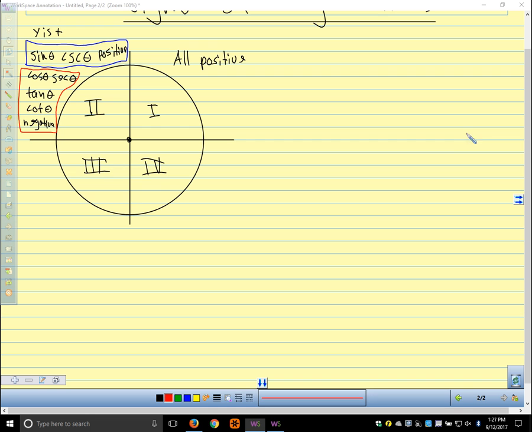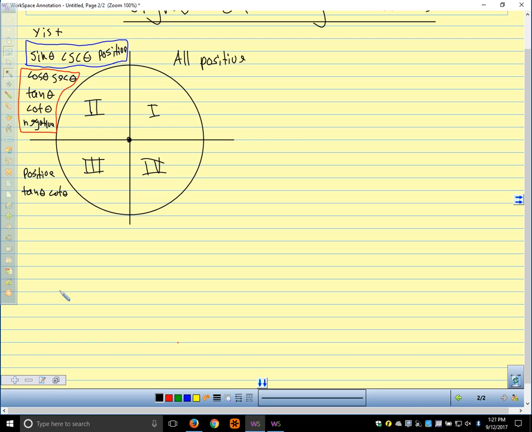All right, in the third quadrant, x and y are both negative. So what trig functions does that make positive? Tangent and cotangent are positive because we have a negative over a negative.